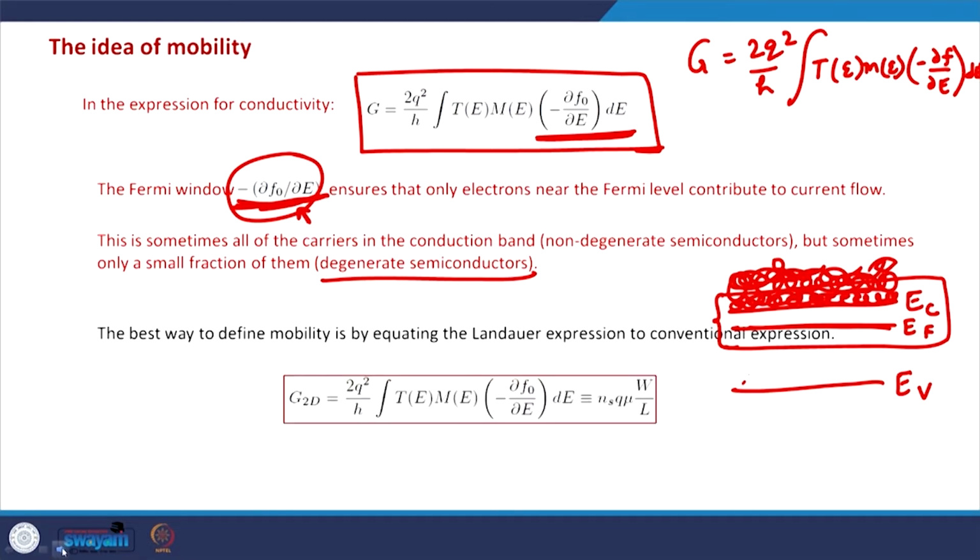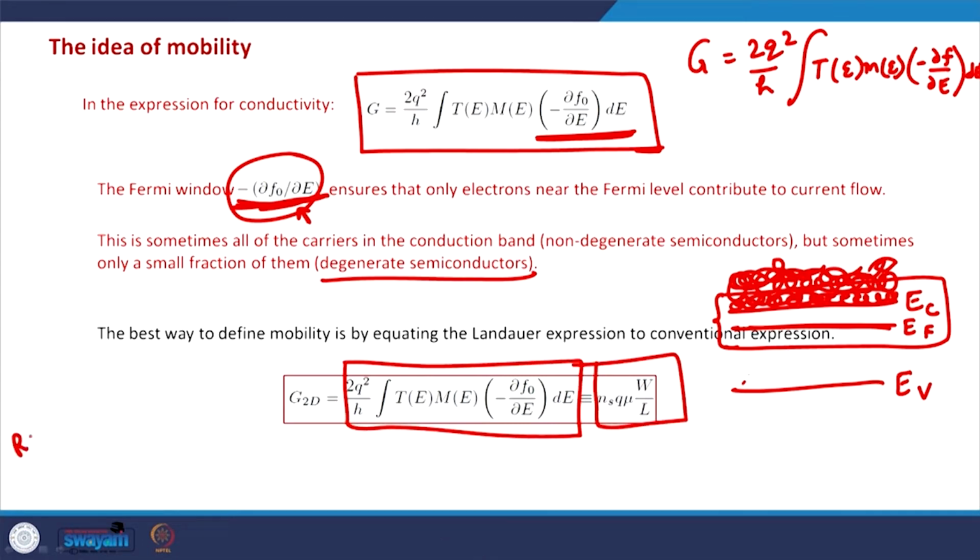So, if we want to see how the mobility looks in terms of our treatment, we need to compare this expression of the conductance to the conventional expression, and this is what it is.